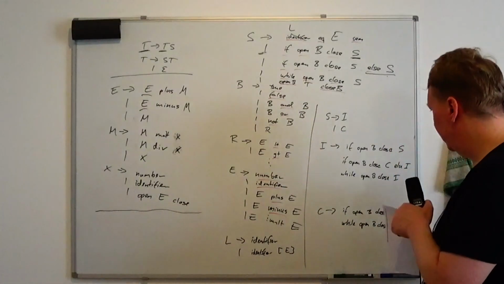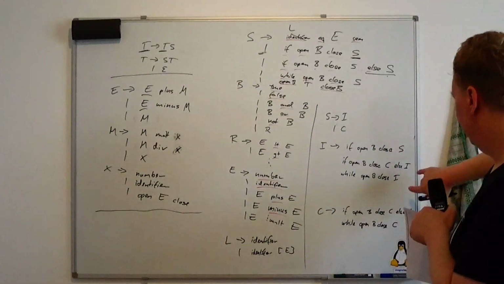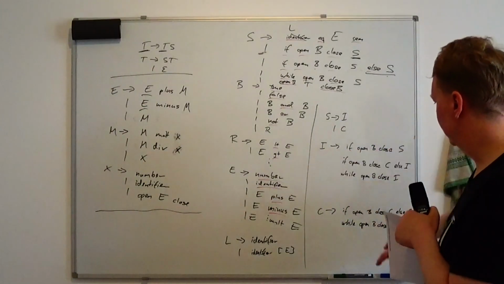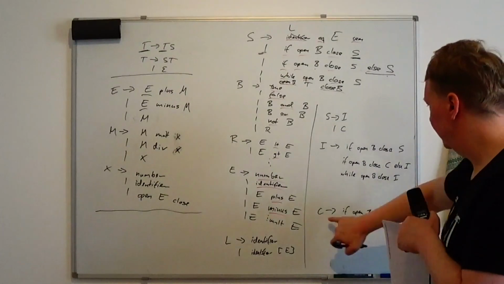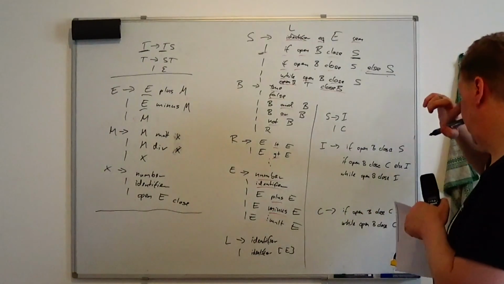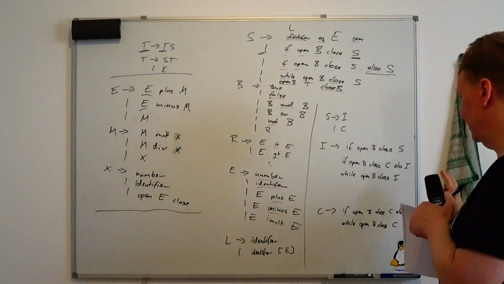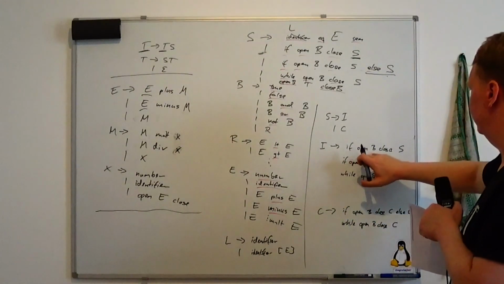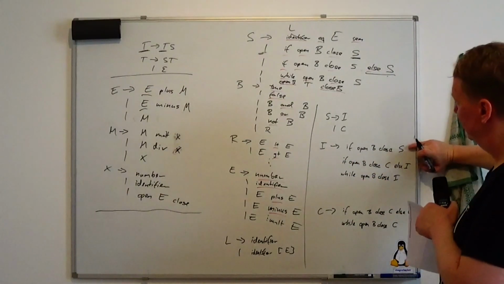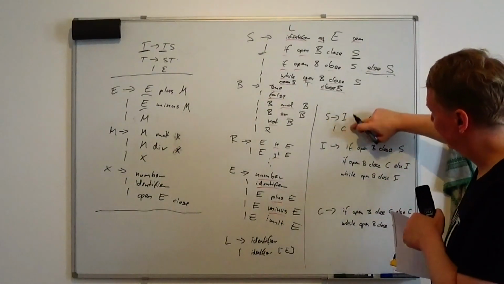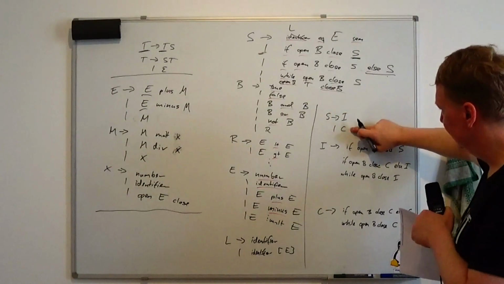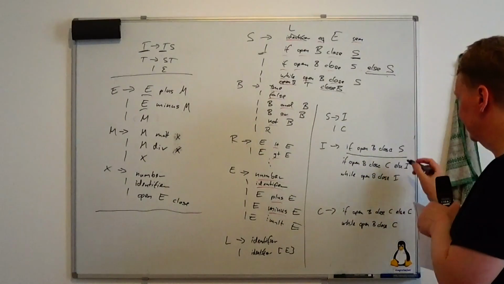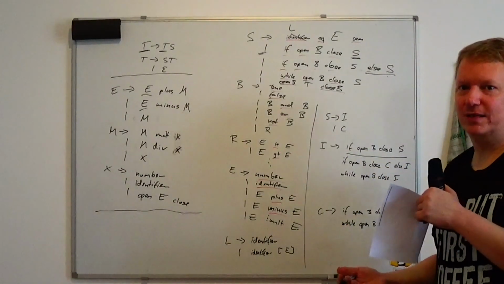complete statement. Okay, so if you end with an incomplete statement, then you're incomplete. If you end with a complete statement, you are complete, but not necessarily. In this case, if open B close S, notice we can have any statement here, including a complete statement. But if you don't have an else, that already makes you incomplete.